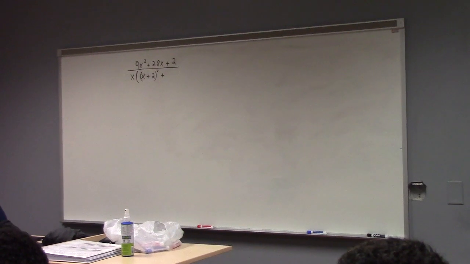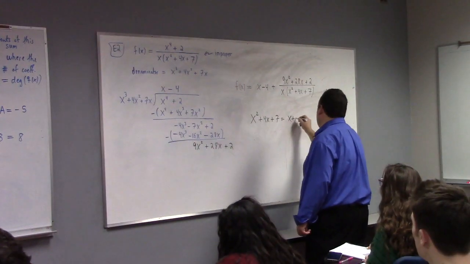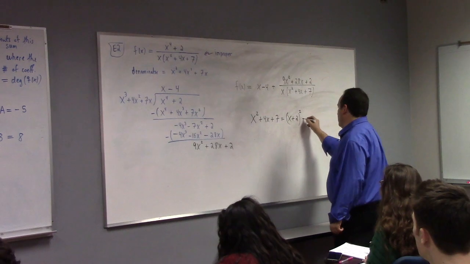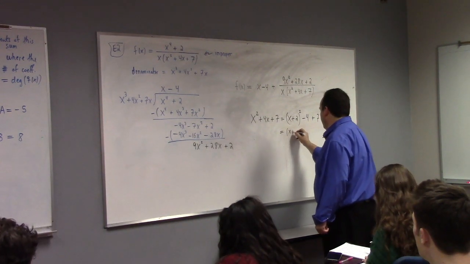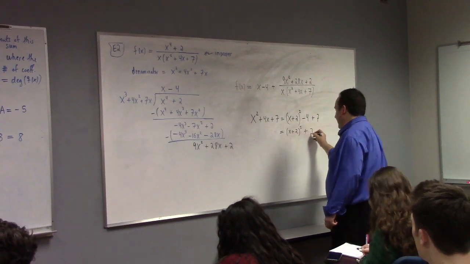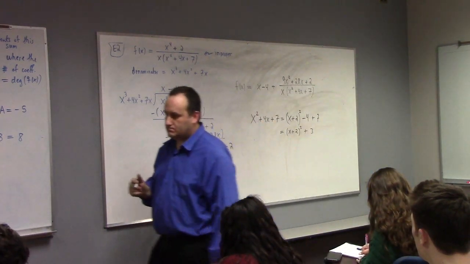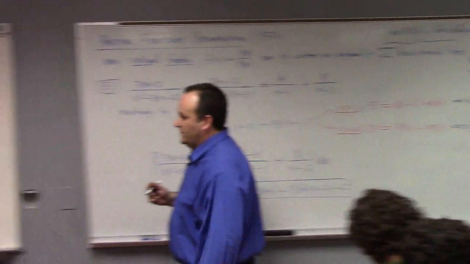Man, I need to get glasses. I'll do it over here too for you guys. x squared plus 4x plus 7 is x plus 2 quantity squared minus 4 plus 7. So yeah, plus 3, we have a winner. Very good. So that's what we're up against here.